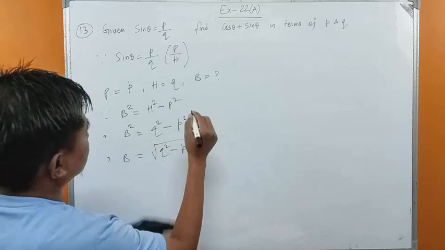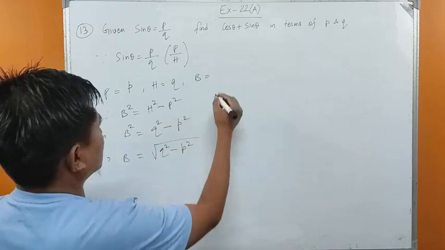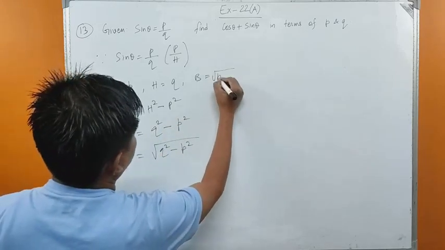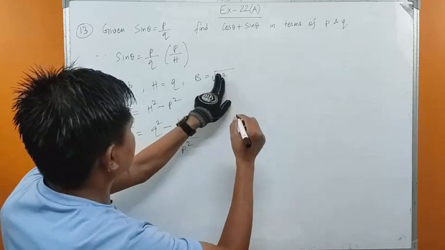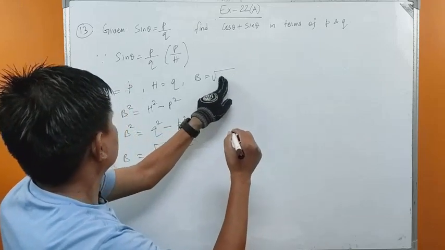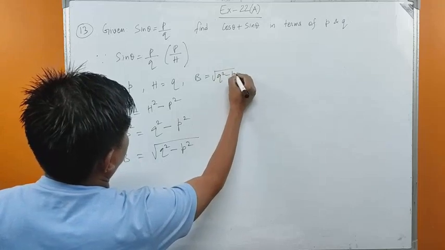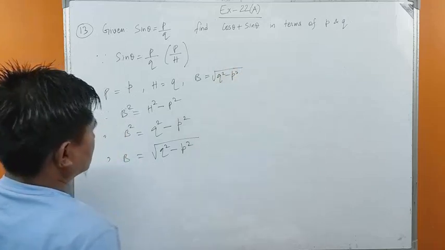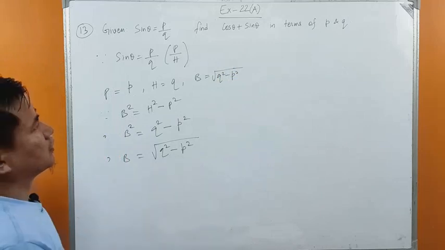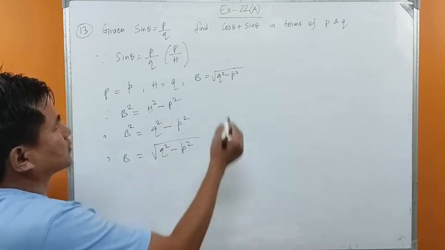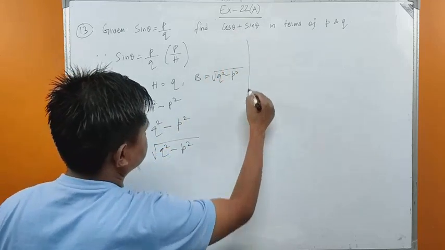So we found b. This is the base. Now let us find the value of cos theta plus sin theta.